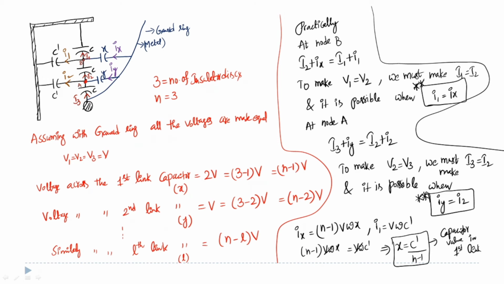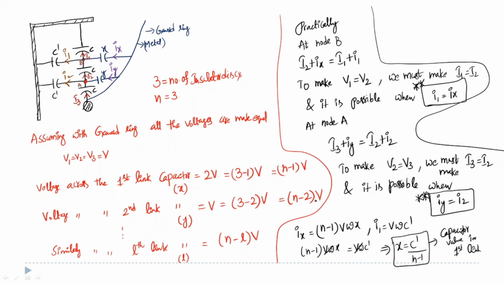What is the second condition? Second condition is Iy is equal to I2. So Iy is equal to I2 means, what is Iy? Iy is nothing but the product of voltage across the capacitor Y and the admittance of the capacitor Y. What is the voltage across the capacitor Y?